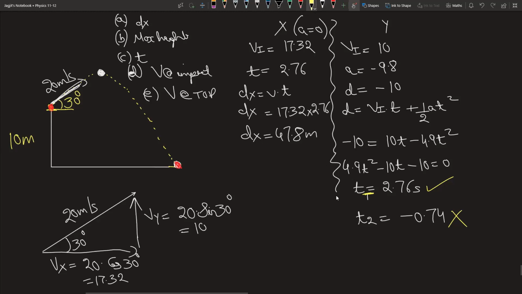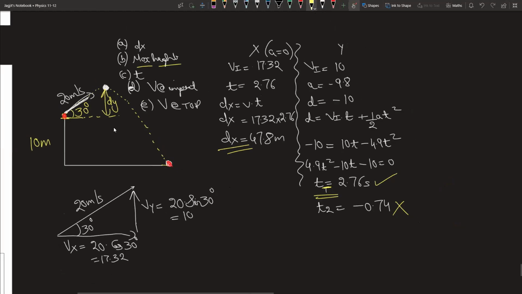Okay, so we found the time. We found the displacement of x. Now we need to find the max height that it reaches above ground. What we're going to do, guys, is first find this displacement, which is displacement of y. For that, I will use a different formula on the y side. It'll be vf squared is equal to vi squared plus 2ad.